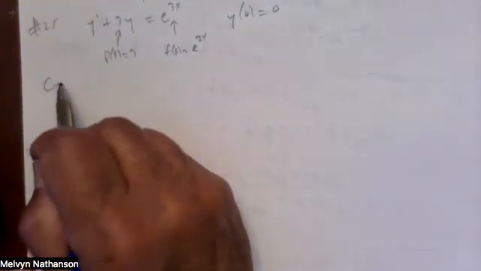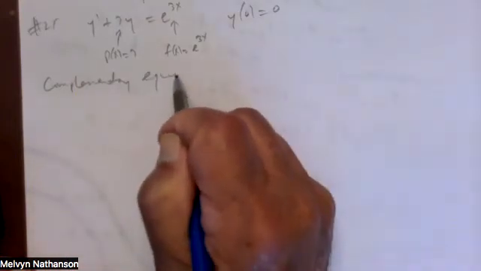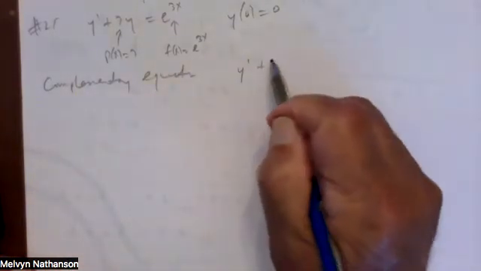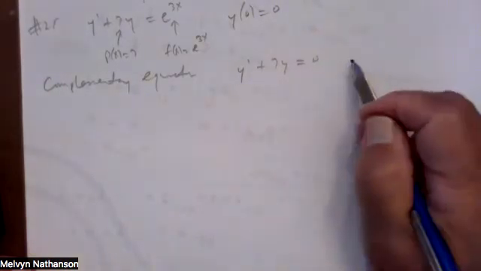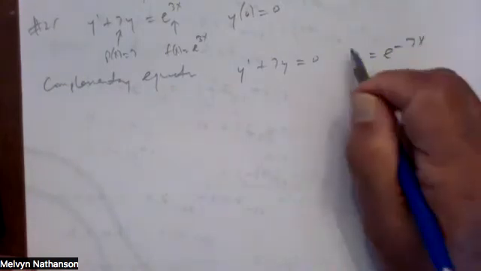Let me start with the complementary equation, y prime plus 7y equals 0, and a particular solution is y1 equals e to the minus 7x.